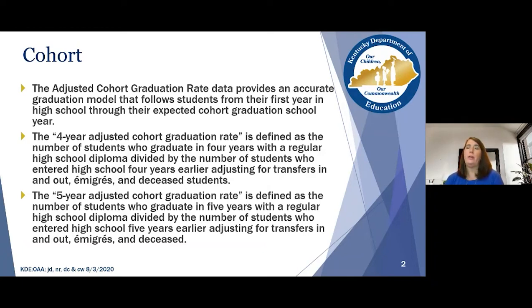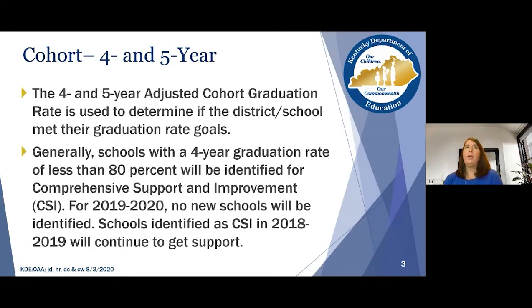Also, your students are going to be coded as cohort when they first enter high school. Now, your 4-year and 5-year adjusted cohort graduation rates are used to determine if a district or school met their graduation rate goals.